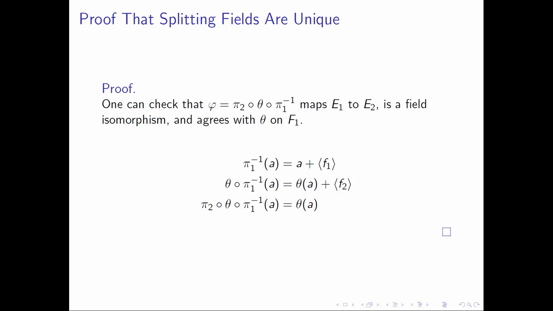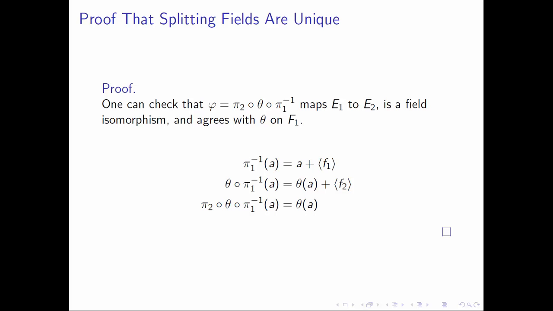So let's see what happens when we trace an element a in the field F1 according to this map all the way to F2. So let's suppose that a is an element of F1. Then let's map it via pi 1 inverse back into that factor ring F1 adjoined x modulo the ideal generated by f1. We go backwards, we just take the element a and we look at a plus the ideal generated by f1. That's pi 1 inverse of a.